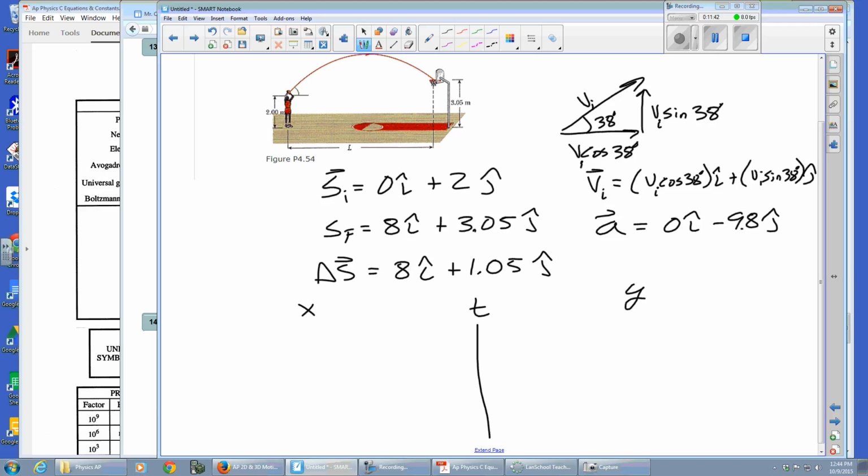So in the x direction, my delta s is 8. My v is vi cosine 38 degrees. My acceleration, of course, is 0.